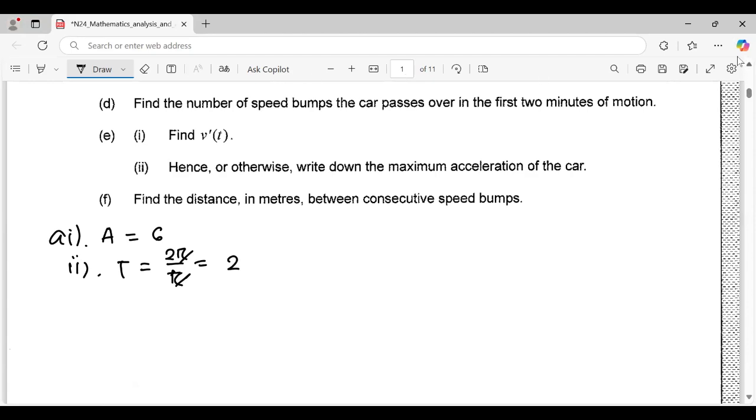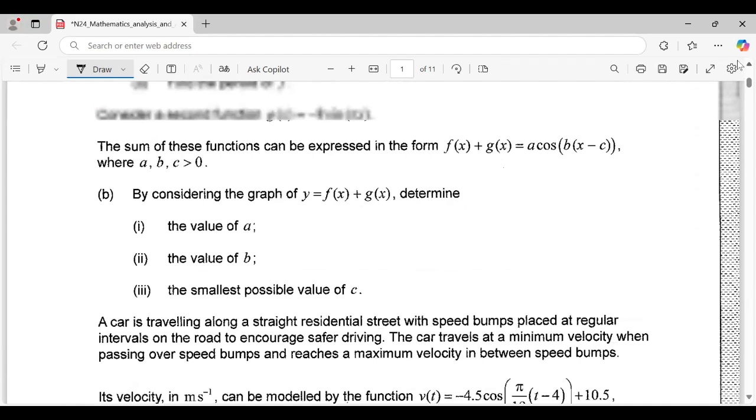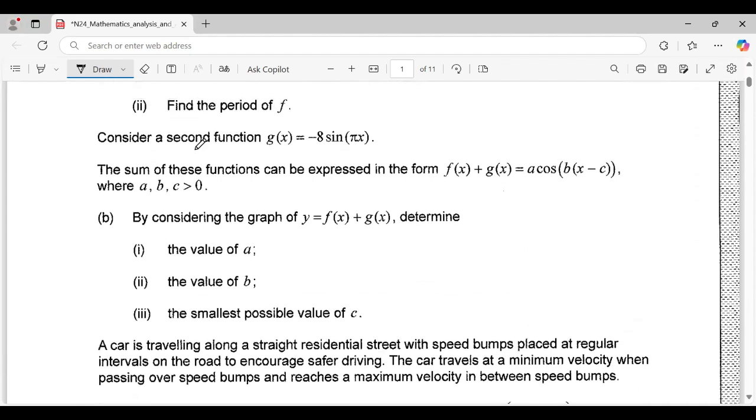Part B. Consider a second function g(x) equals minus 8 sine pi x. The sum of the functions can be expressed in the form f(x) plus g(x) equals a cosine(bx minus c), where a, b, c are greater than 0.